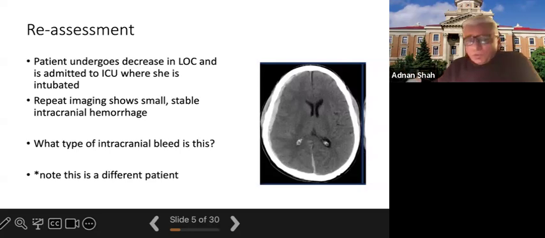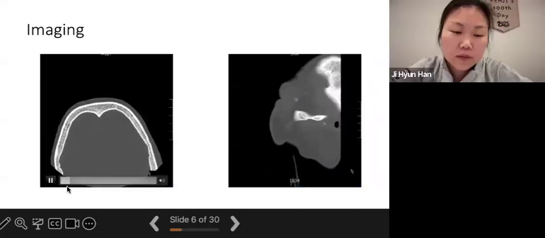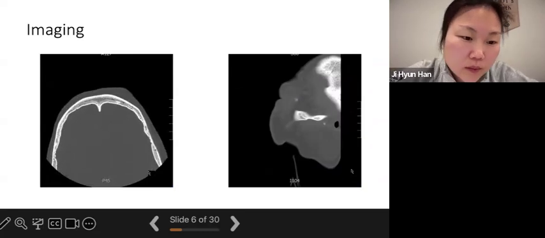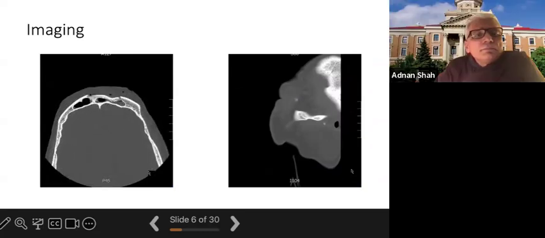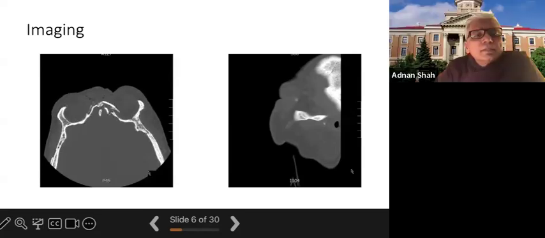Now, let's go further. These are the scans for the same patient that we talked about. Have a look at it. That's the axial view. Look at the fractures there. I'll play the other one as well.